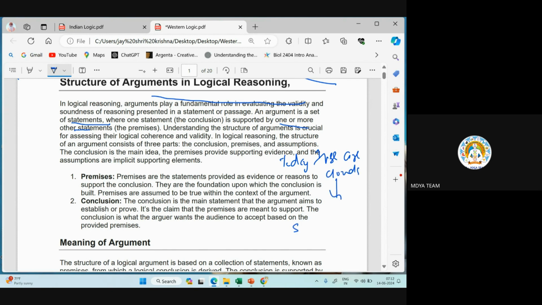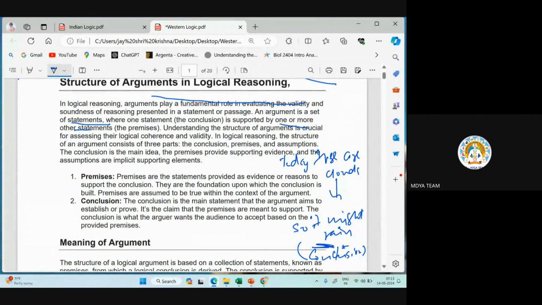So it might rain. Now see what you are doing. Two statements are there. So argument is a set of two or three statements which you are giving in order to prove something and in order to disprove something. So here, this statement is the conclusion.